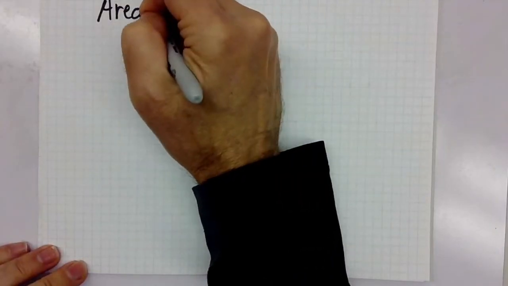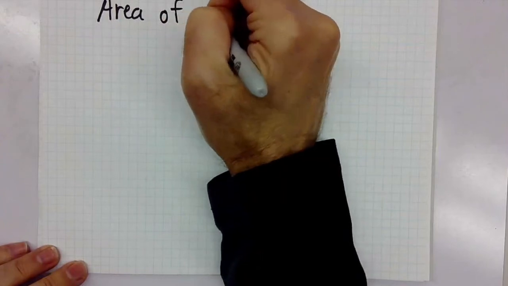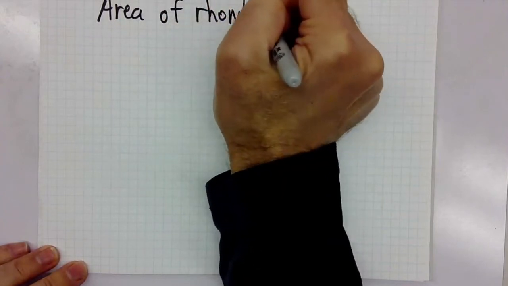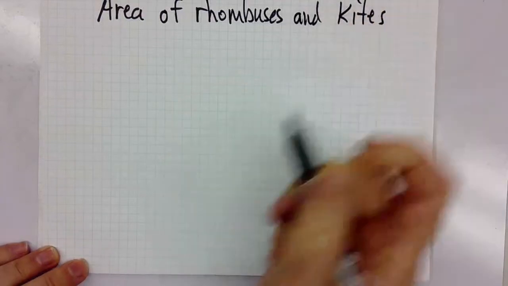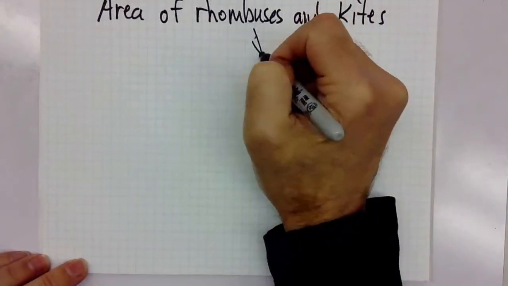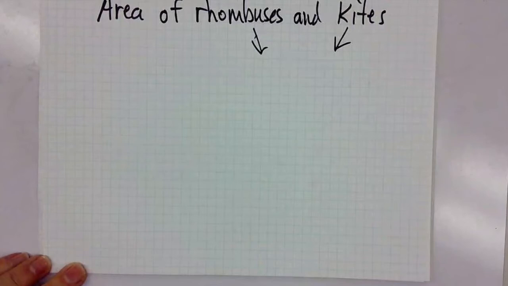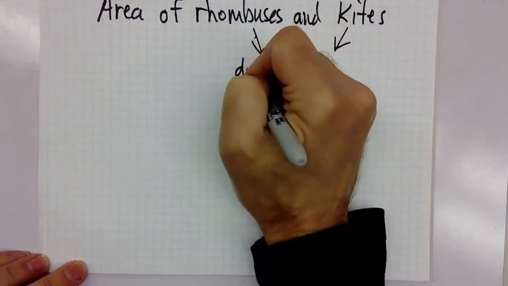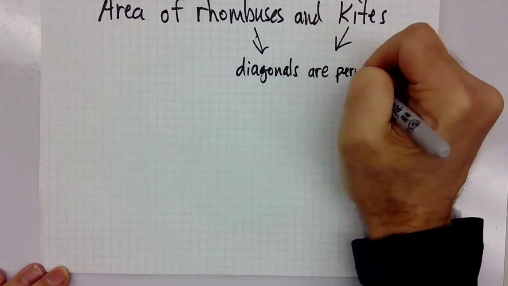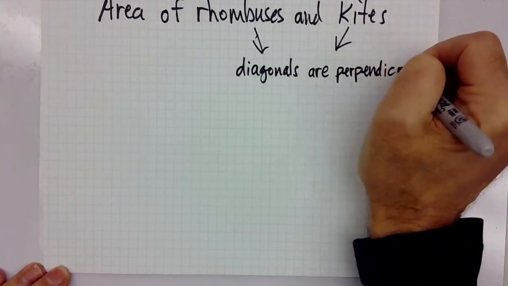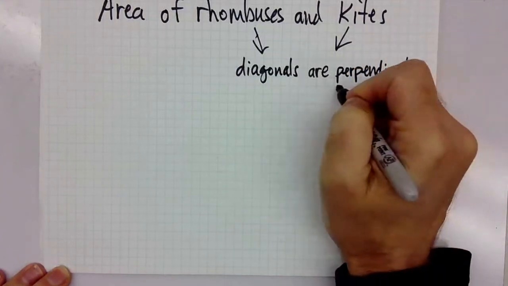Quadrilateral. Area of rhombuses and kites. Okay, and I put these together for a special reason because they share a property regarding their diagonals. Perpendicular. And why is that important?